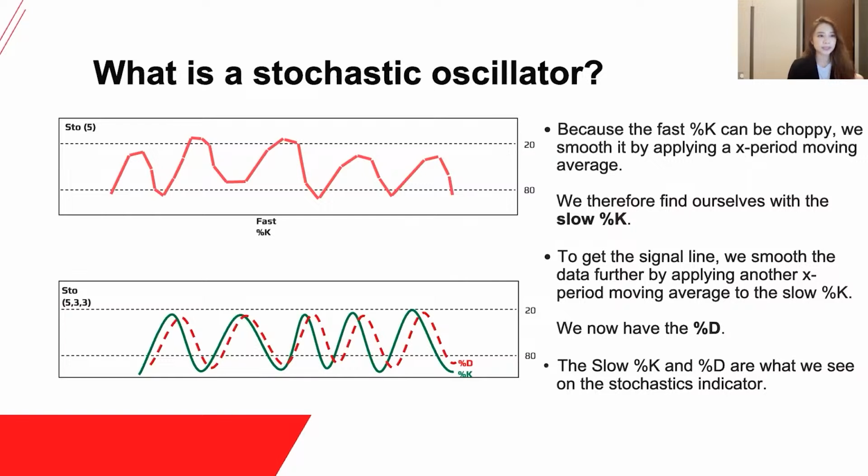Because the fast percentage K can be choppy, we smooth it by applying an X period moving average, giving us a slow percentage K. To get the signal line, we smooth the data further by applying another X period moving average to slow percentage K, and now we have percentage D. So in the whole stochastics, we see two visible lines, the slow percentage K and the slow percentage D. In the figure, the green wavy line is your percentage K, and the dotted line is our percentage D.